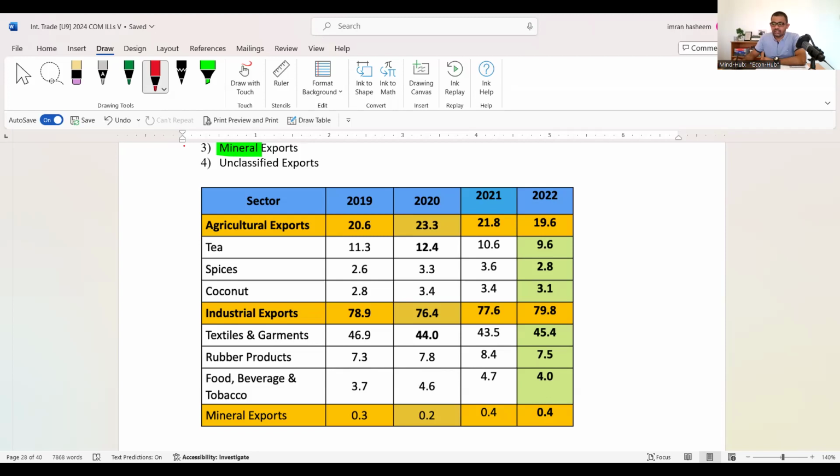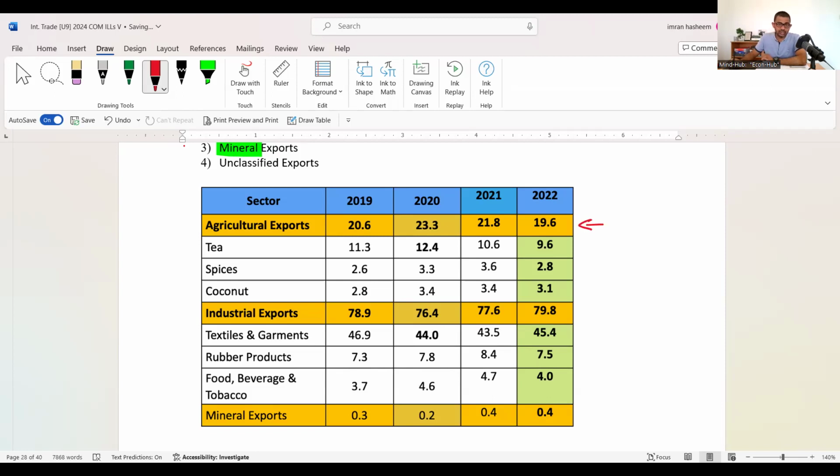You can get an idea of those things by looking at the numbers from 2019 up to 2022. Then for the main sector and the main sub-item or items, you need to have an idea of the values for 2022.